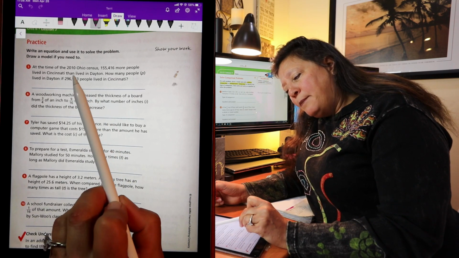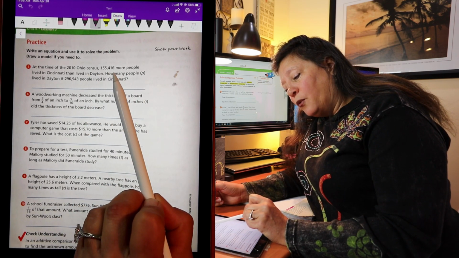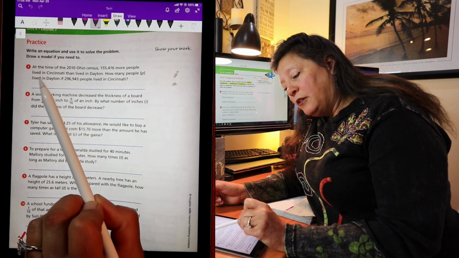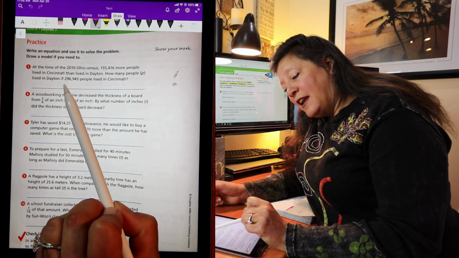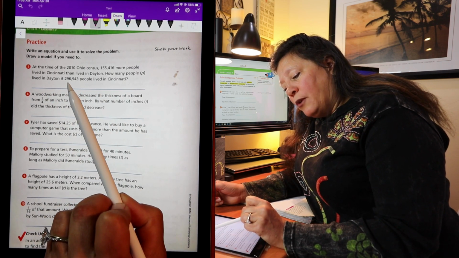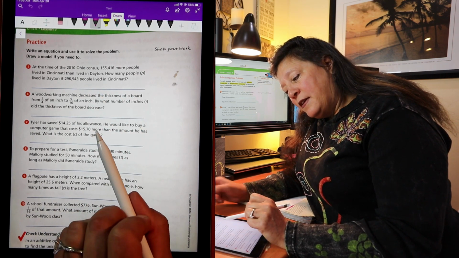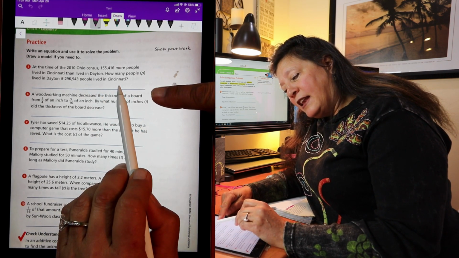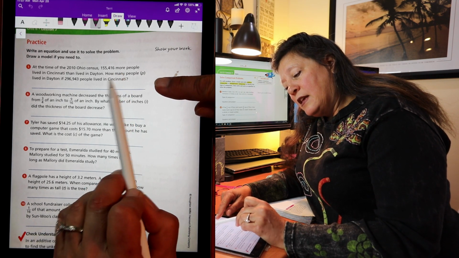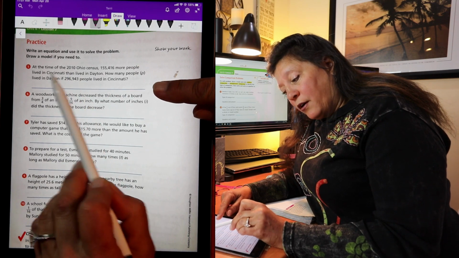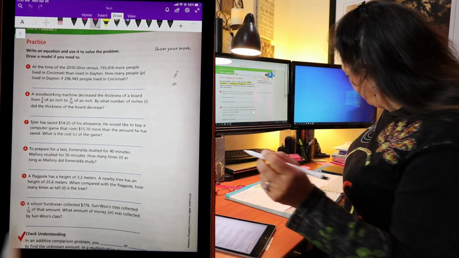Number 5, at the time of a 2010 Ohio census, 155,416 more people lived in Cincinnati than lived in Dayton. How many people lived in Dayton if 296,943 people lived in Cincinnati? Well, we know how many lived in Cincinnati, and we know that 155,416 more lived in Cincinnati than Dayton, okay?